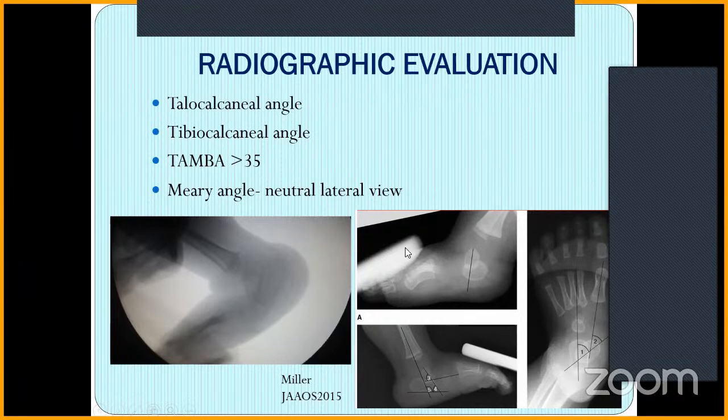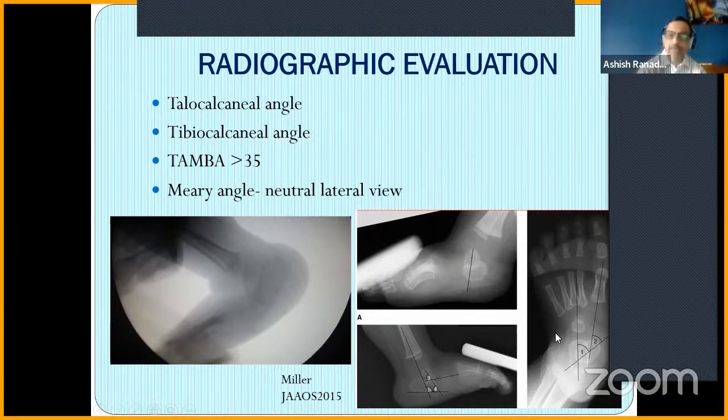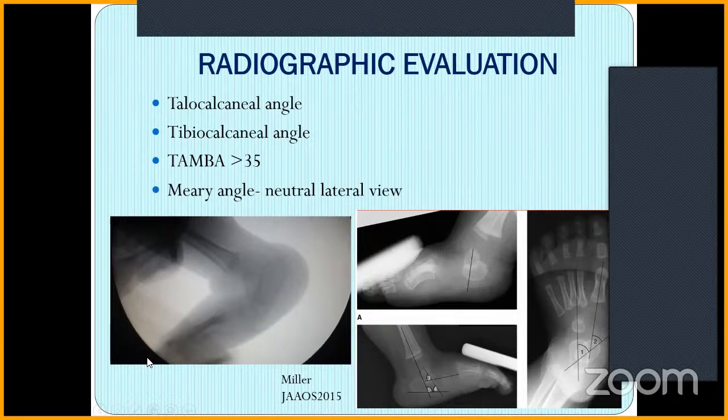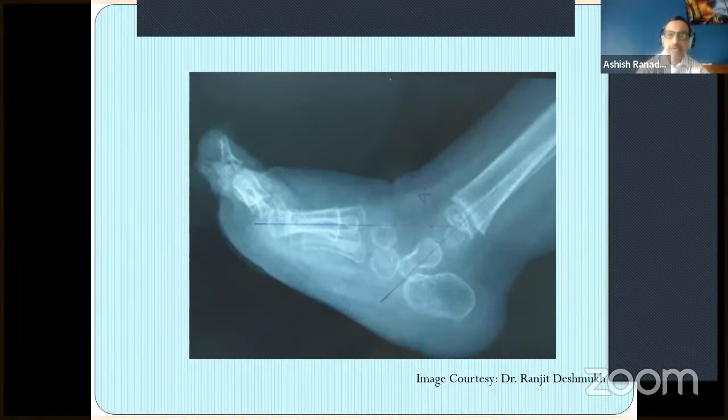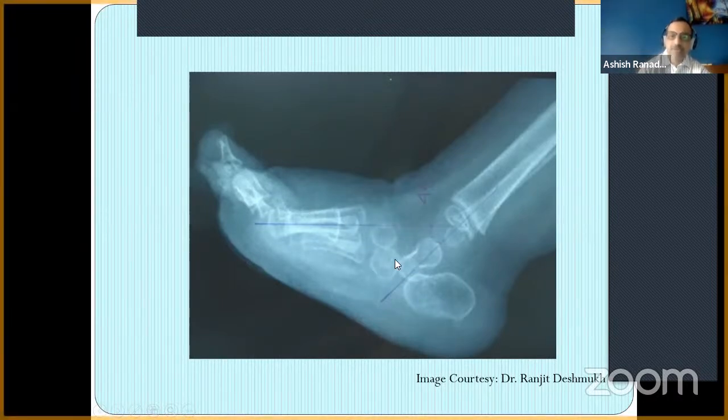The talocalcaneal angle in lateral as well as AP view will help us to differentiate. That's another view, just showing that the angle between the long axis of the talus and first metatarsal is increased, showing the congenital vertical talus in this shape.